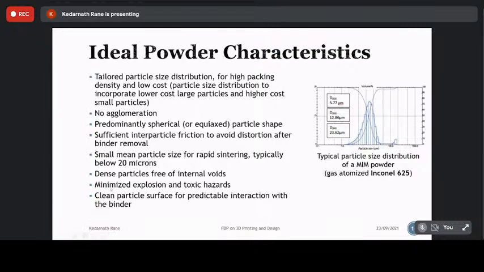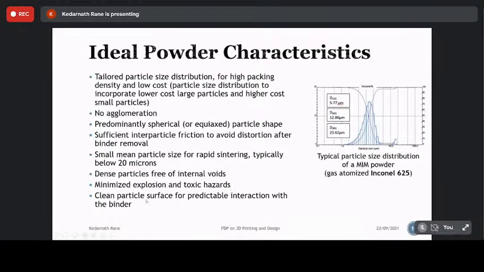So that's why we cannot go to a very small particle size. And some typical materials are very hazardous as well, like cobalt, like molybdenum. This kind of toxic hazardous material should be handled carefully.